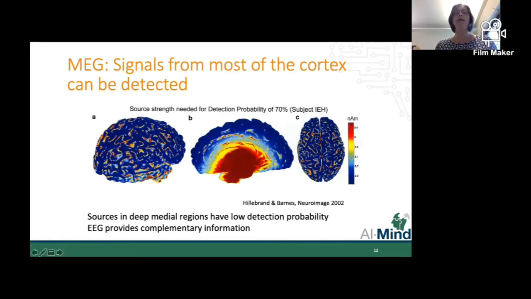We see here in these simulations in red those brain regions that cause very low detection probability, or where we need a much stronger signal to detect the source. And what we see is that there are parts of the cortex that we cannot see with MEG, but what is really visible from this image is that deep sources generate very weak signals.